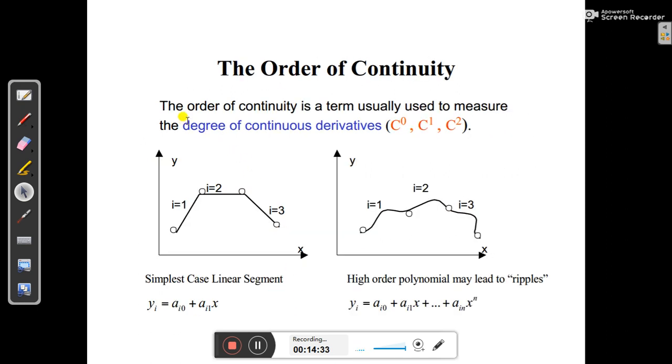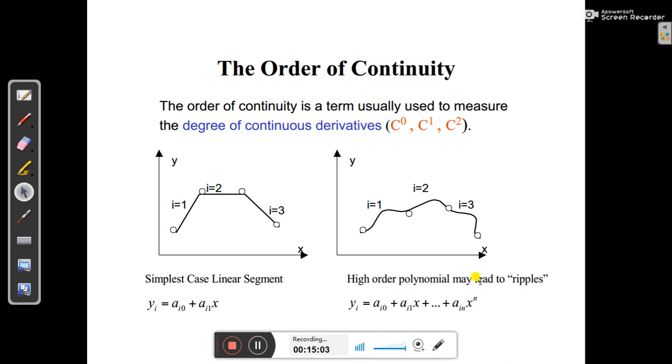Here you can see the order of continuity is a term usually used to measure the degree of continuous derivatives. This is the simplest case, a linear segment, where c equal to 0. C0 is less continuous, C1 is more continuous, C2 is most continuous, like that. This is the degree of continuity of the derivatives, meaning the difference of the two points.